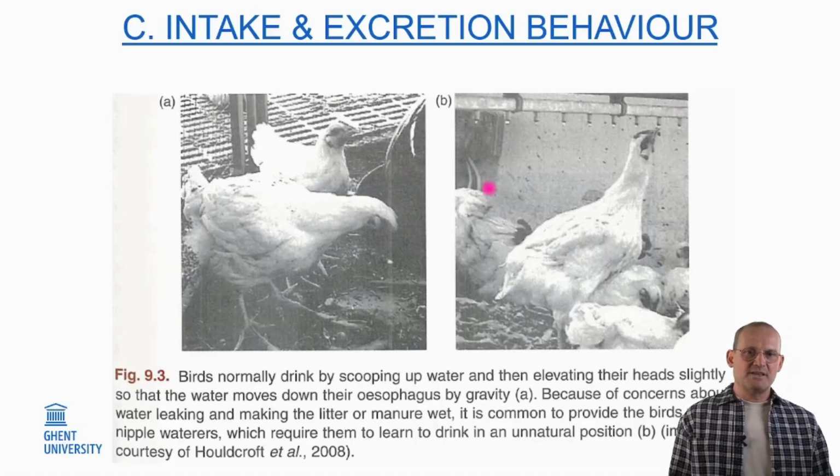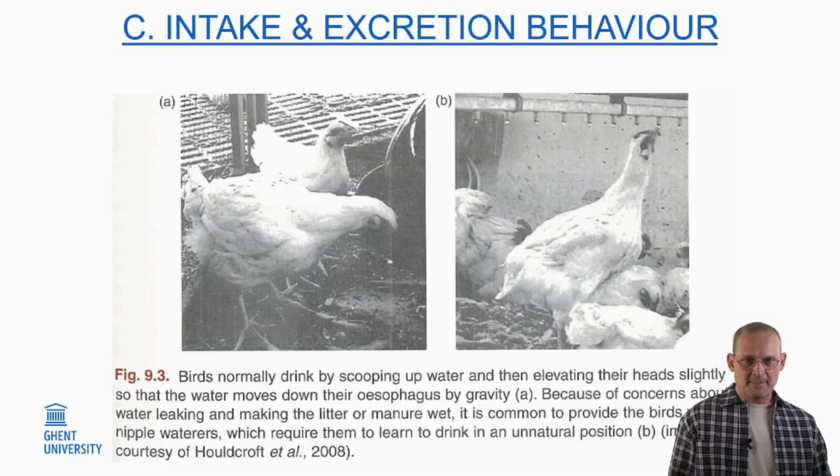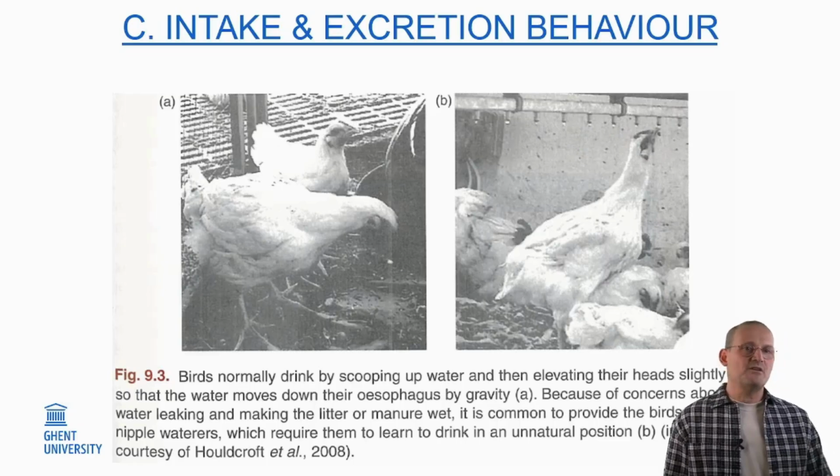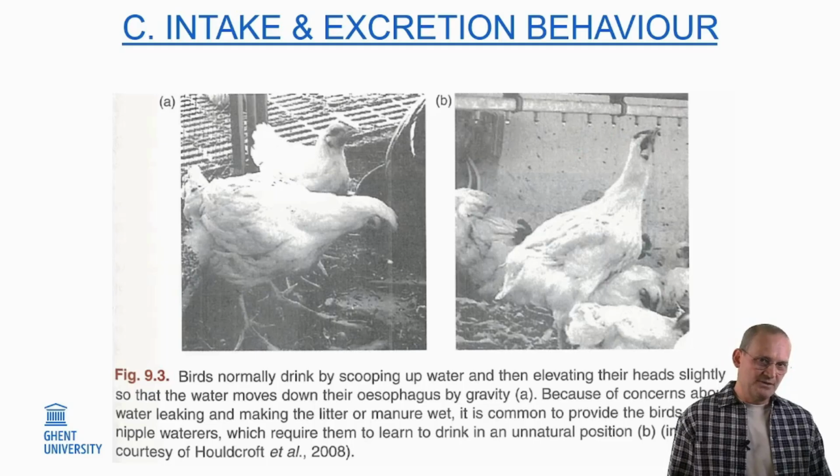So the dominant drinker systems all over the world, I think, in at least intensive production systems, are with drinker nipples like this, which is actually quite an unnatural drinking position for a chicken.